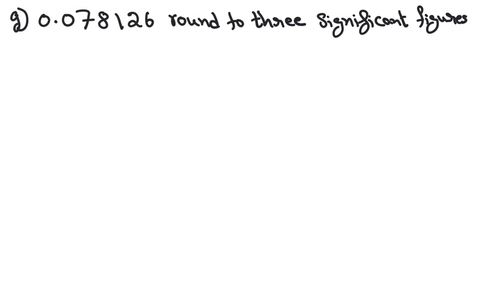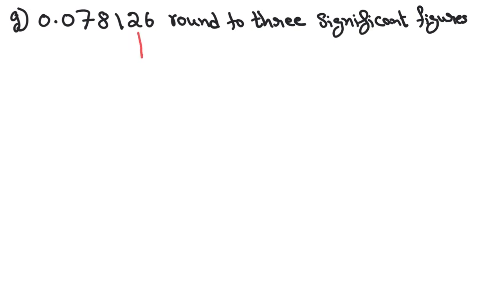0.078126. Round this to 3 significant figures. Now, where is our first significant figure? The first significant figure is over here, 7, because the previous ones are all zeros. So the first significant figure, second significant figure, third significant figure. So we are supposed to stop here. When we round to 3 significant figures, where do you look now?